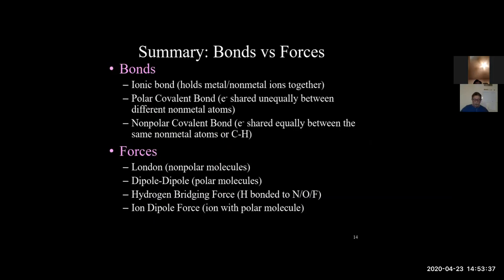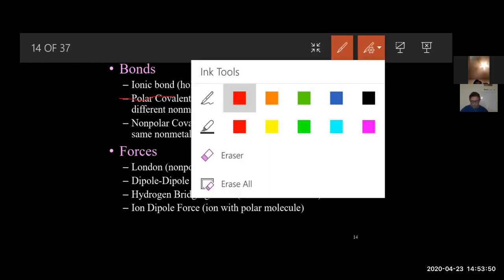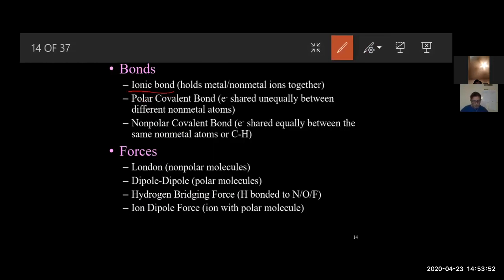All right, now when we compare the difference between the bonds and the forces, when we speak of bonds, we're talking about, if it's ionic bonds, refresh your memory, that didn't come out very well, let me erase that again. Ionic bonds, that is between a metal and a non-metal ions together.